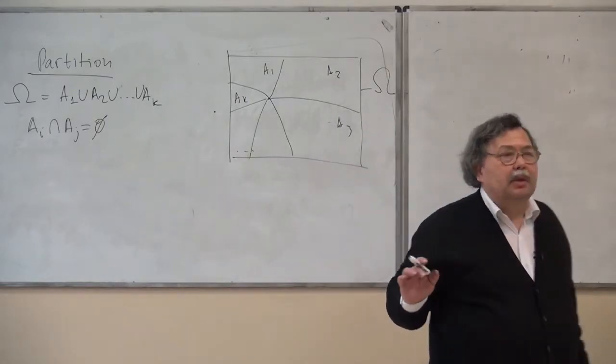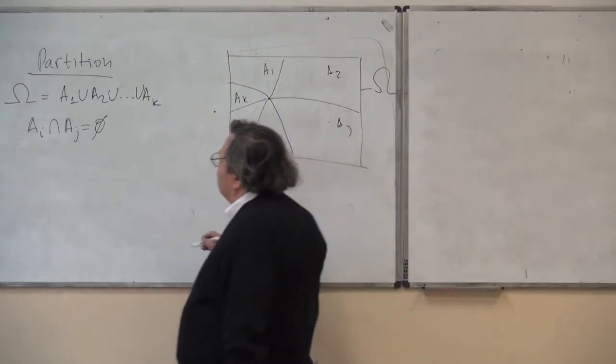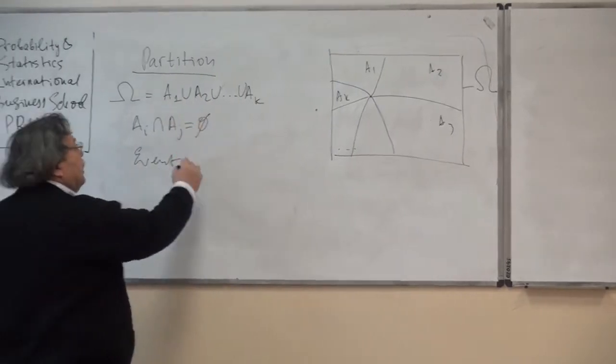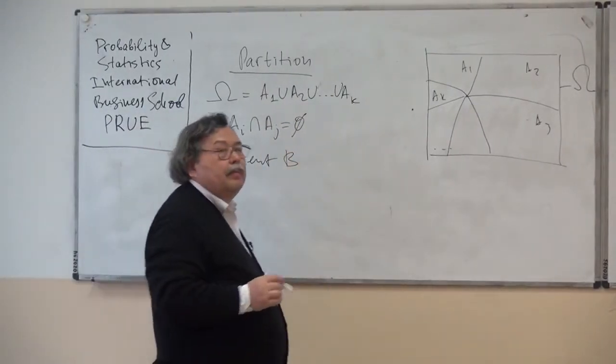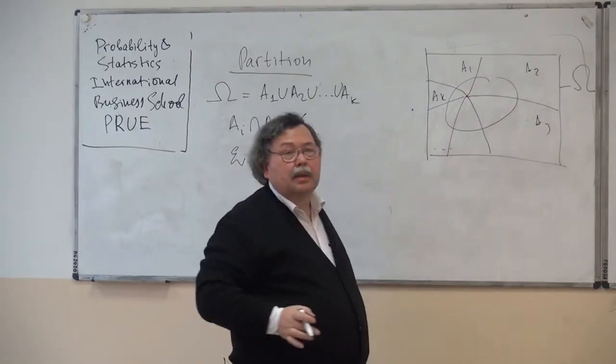Now, suppose we have a partition like this, and also suppose we're interested in some other event, not one of these. Let's call it B. Well, it can be anywhere in this rectangle.